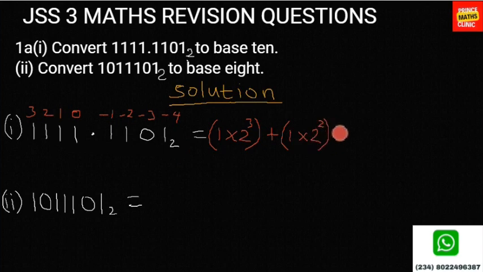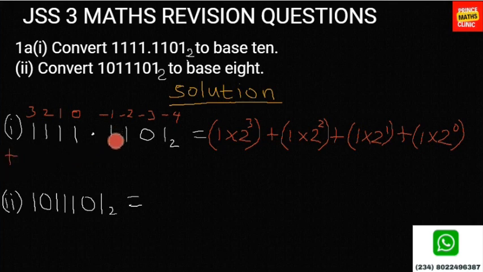Close the bracket again. Then you come again. 1 times this 2 to the power of 1. Then you come again. This is 1 times 2 to the power of 0. Good. Then plus.